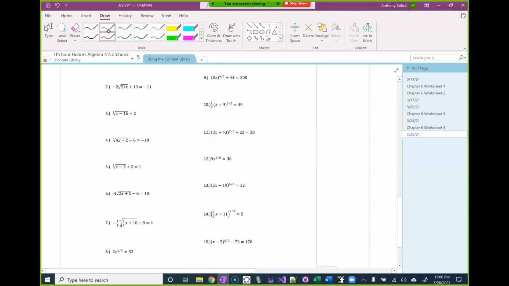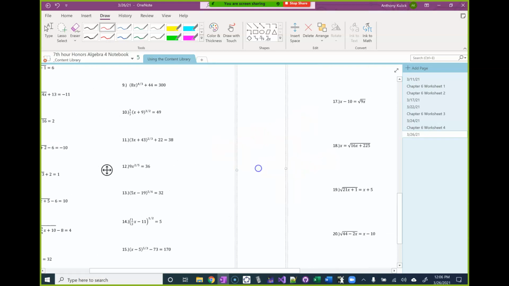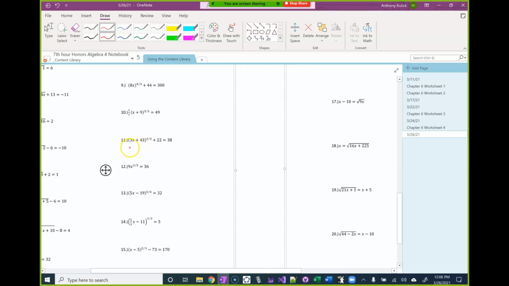Okay. So the first thing you did should have been to subtract the 22 from both sides, right? And then we're going to do the exponent 3 over 2 to both sides to cancel the exponent, right?